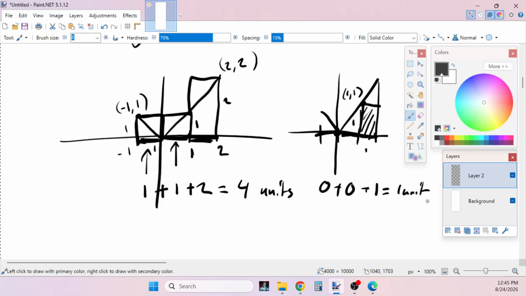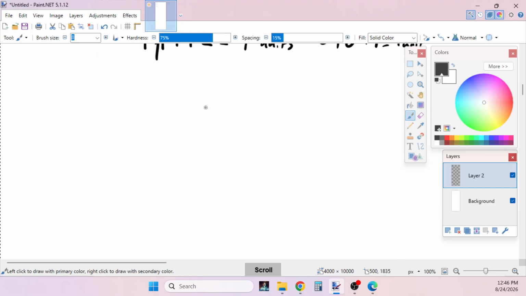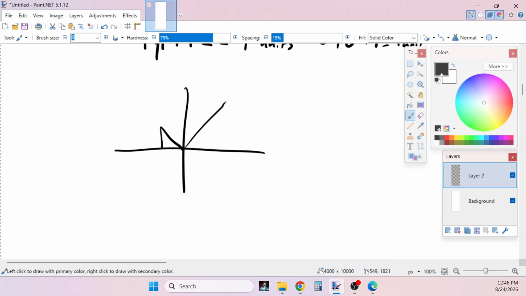What we're doing is actually pretty much a Riemann sum, which is how you approximate areas under curves. Of course, with straight lines, we already know that we can get an exact value. Might as well do that as we're working on this. We have a base of 1 and a height of 2 on this triangle, so we get 1 half times 1 times 2.